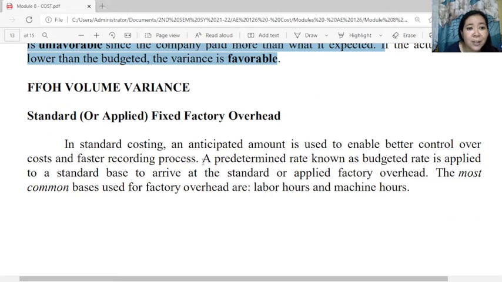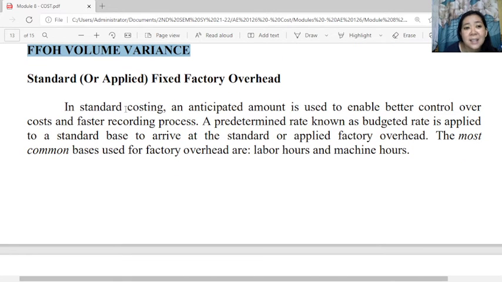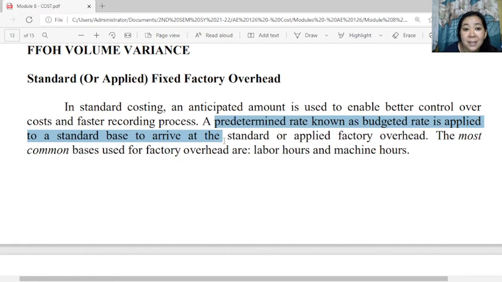And for fixed factory overhead volume or efficiency variance, in standard costing, an anticipated amount is used to enable better control over cost and faster recording processes. Therefore, a predetermined rate known as the budgeted rate is applied to our standard base to arrive at our standard or applied factory overhead.